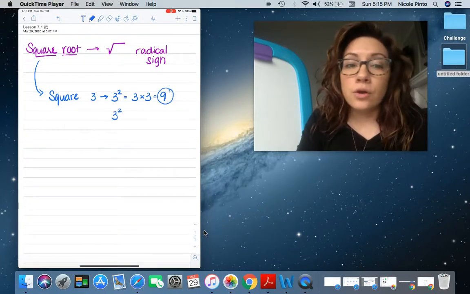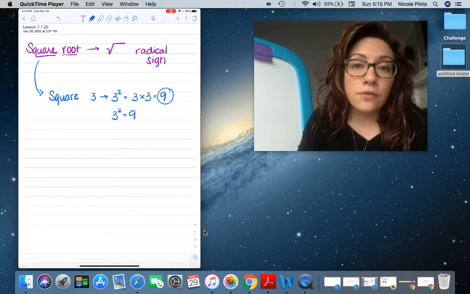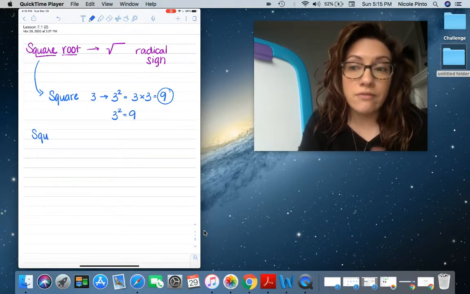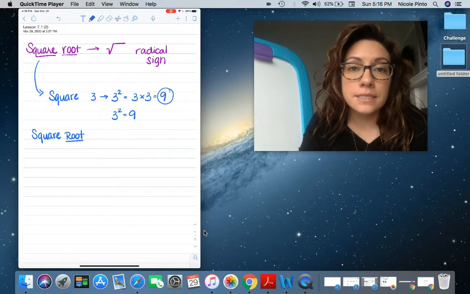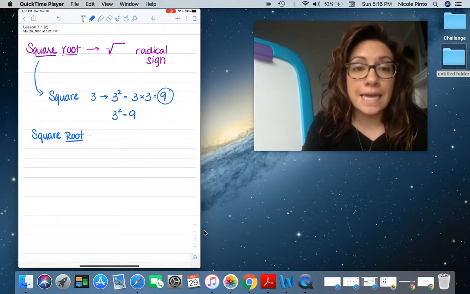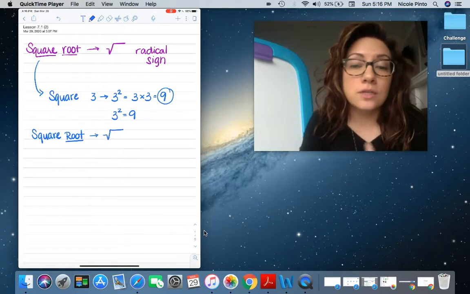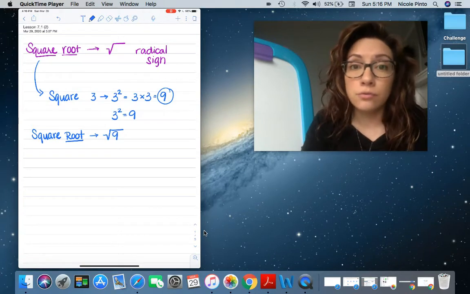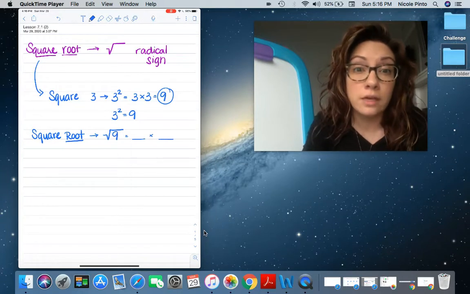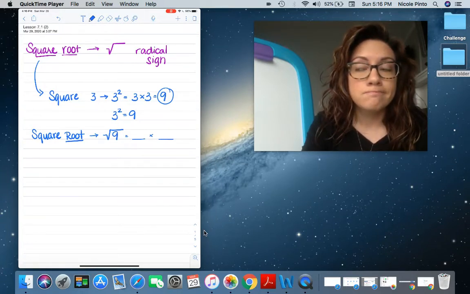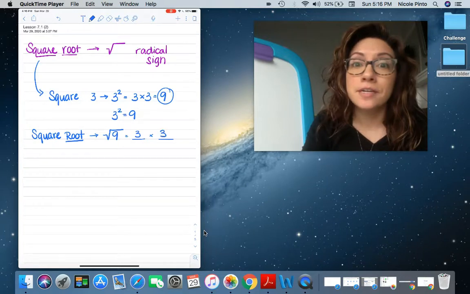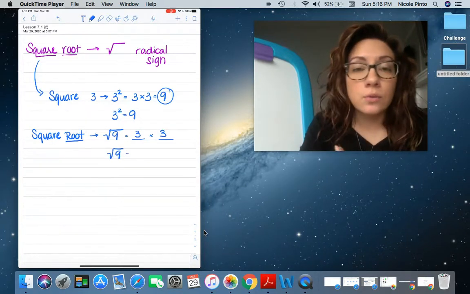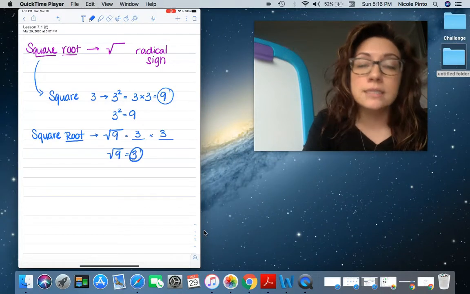Now, with square root, if I wanted to find the square root of 9, it's asking me what number times itself did I use to get 9. So again, ¿qué número cuadrado me dio 9? 3. Very good. Sabemos que 3 por 3 me da 9. Entonces, square root of 9 is going to equal 3.